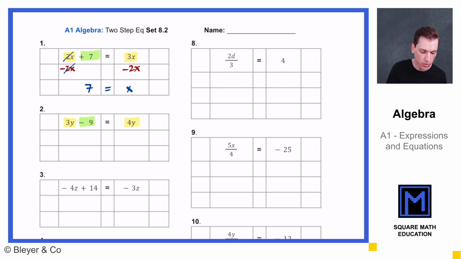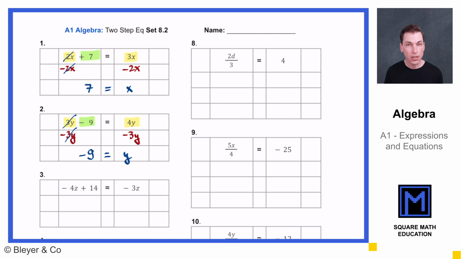We need to remove one of them, and the one we're taking out is the variable part. We have more variables on both sides, so we're going to remove one of them. Plus 3y minus 3y, cancel out. What is left on the left-hand side is just -9, equal sign, and on the other side 4y minus 3y is going to be 1y, or just y.